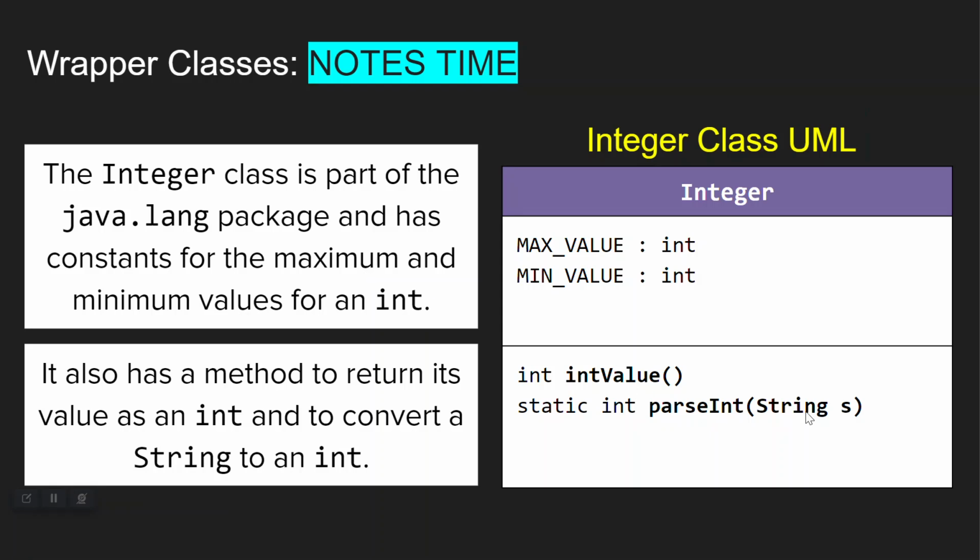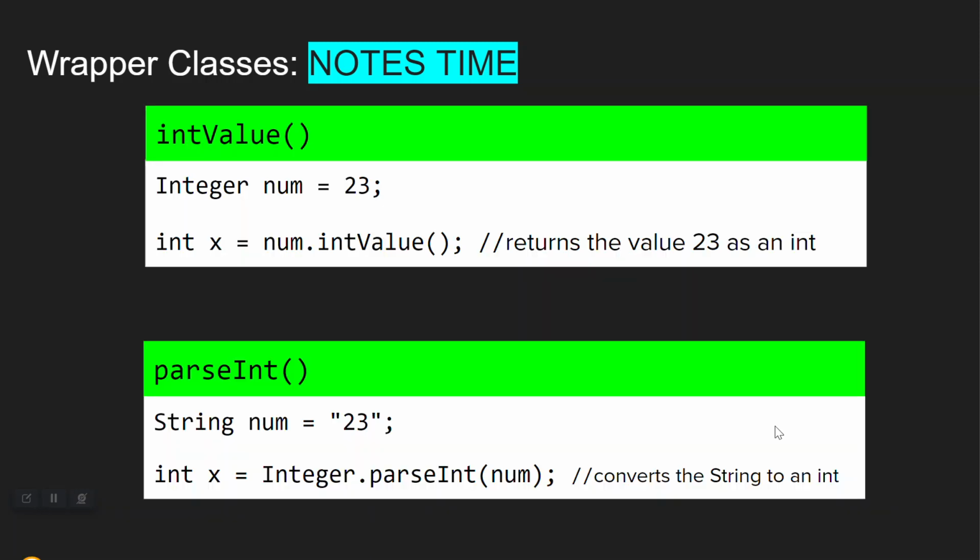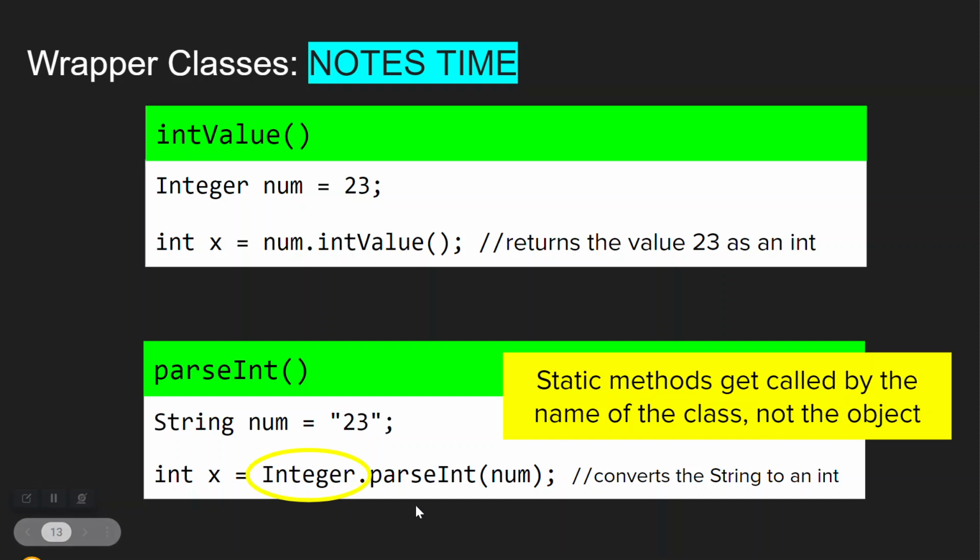Whereas parseInt is a static method. It says static int parseInt. And remember, those get called with the name of the class, Integer.parseInt. So there's, again, a strange level of detail you have to pay attention to with these, and just remembering the difference between a non-static object method versus a static or class method.